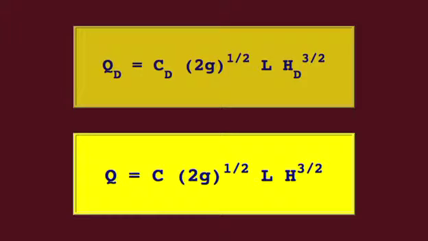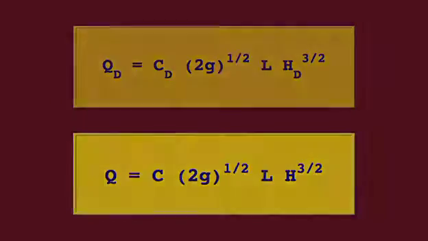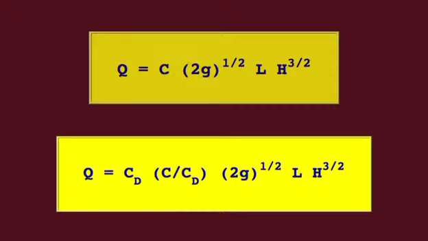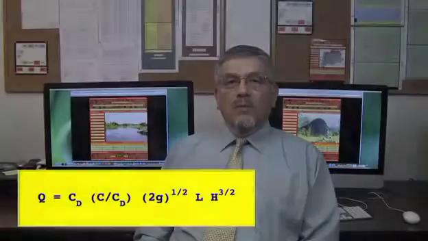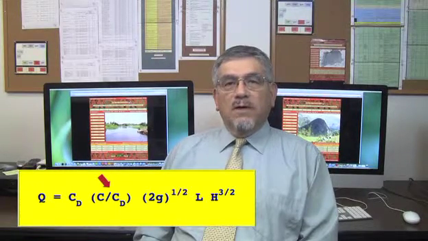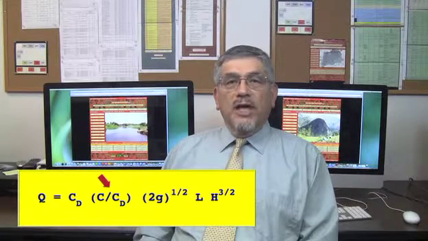For any head, the spillway rating is, where C is a function of H. The spillway rating is also, where the relative discharge coefficient C over C sub capital D is a function of relative head H over H sub capital D as shown here.